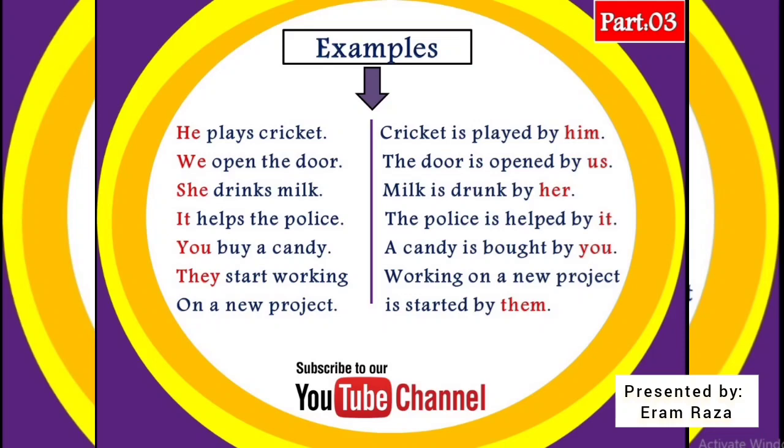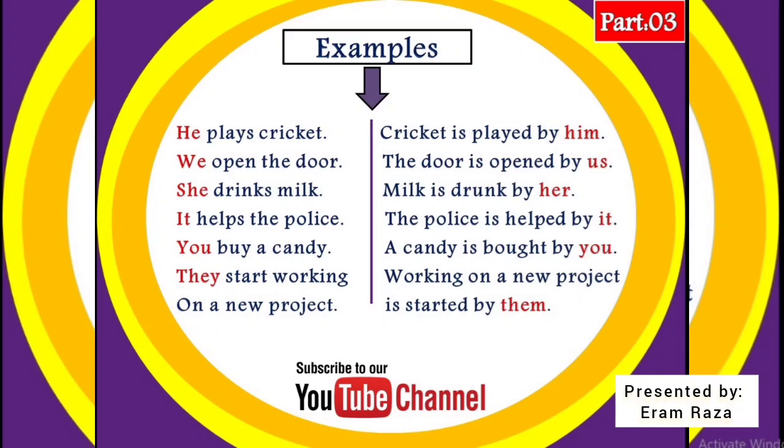Okay, so it won't change, it will remain as it is in the passive sentence, whether we are having an active sentence. All right, so you have to remember this. Okay, now also, same for you, it won't change in the passive sentence. So you buy a candy is bought by you, and working on a new project is started by them. I hope you got about pronouns, like how can we change pronouns into passive.